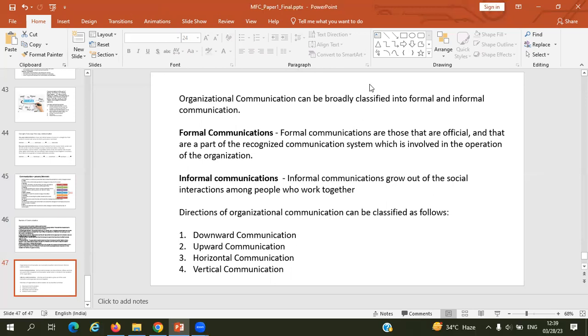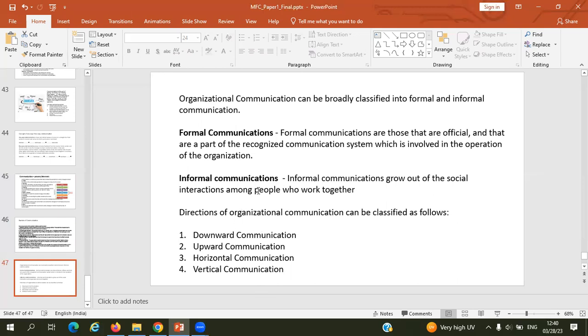In any organization, this type of communication happens and impacts the work. Formal and informal are broadly the two types of communication. Then these four are based on the direction, how communication is flowing to different levels and how they are impacting different levels.